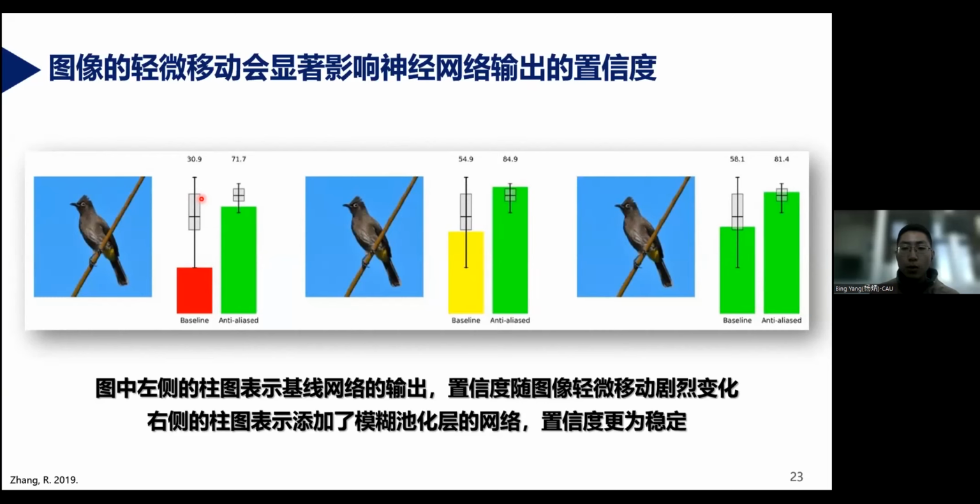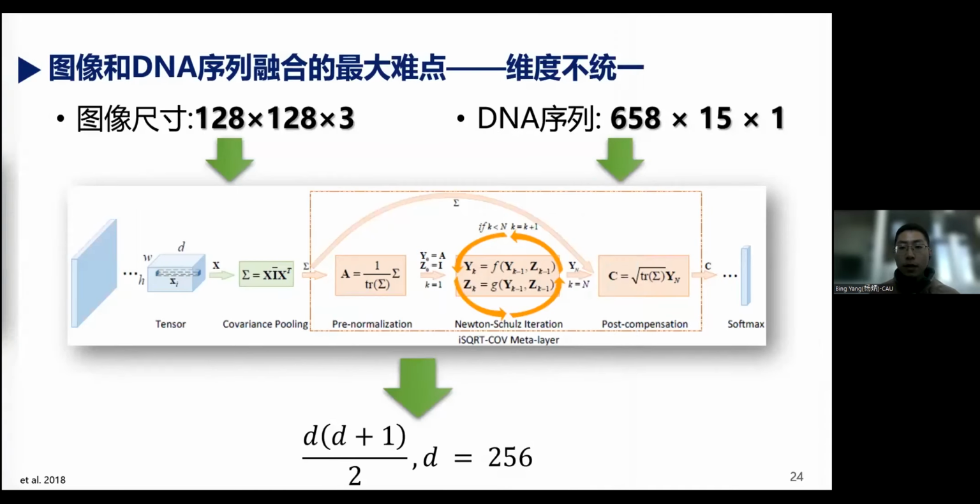The bar chart on the right shows that with the convolutional attention module, the accuracy improves. With the added layer, the accuracy will increase.